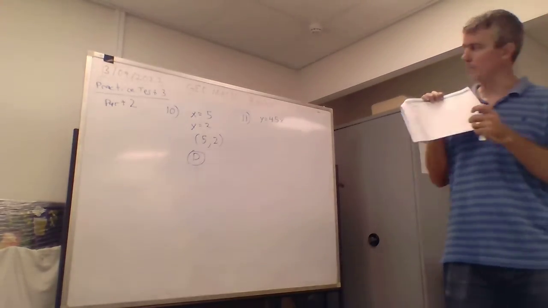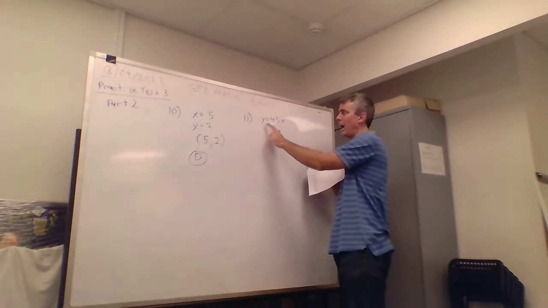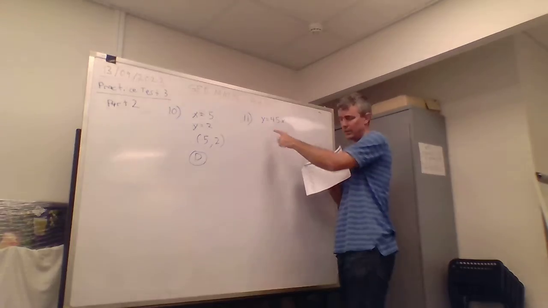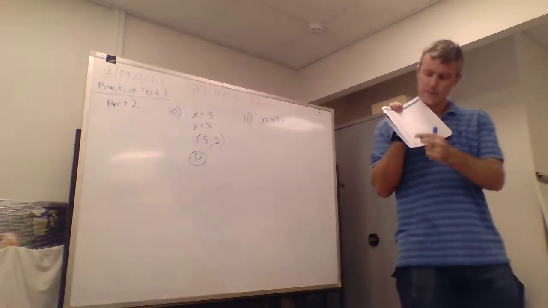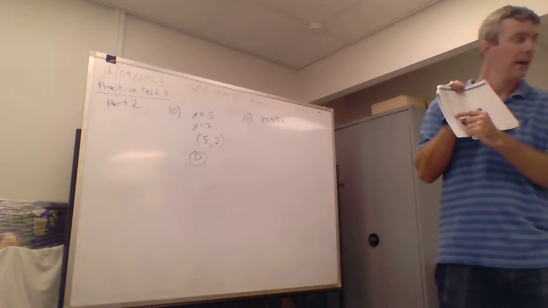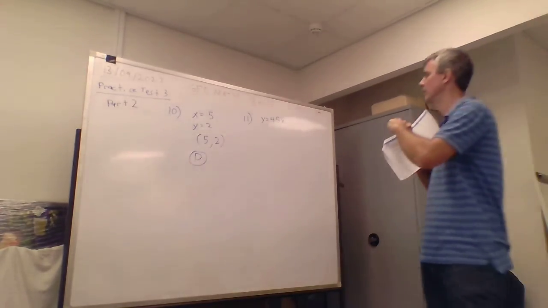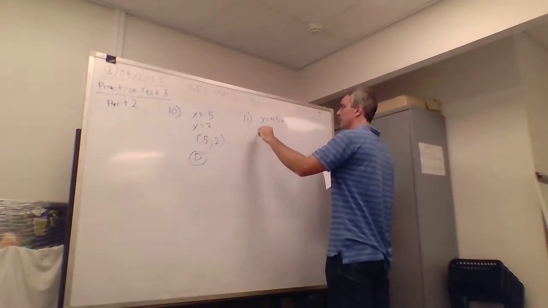Remember, this means that if x is 1, y is 45. So let's look at these graphs. If we do C, x is 1, what is y? The graphs are the easier ones to see.